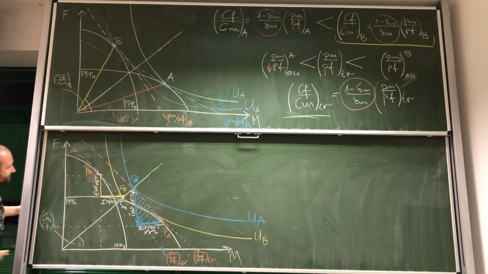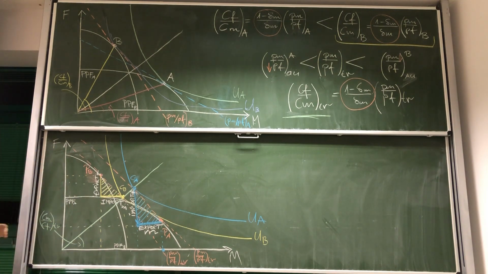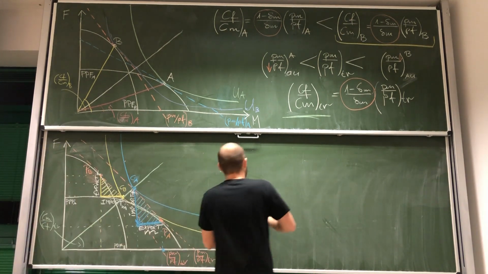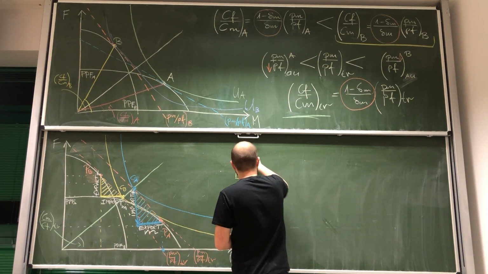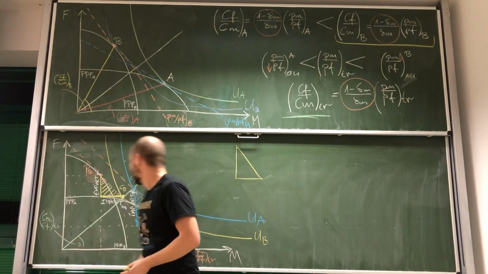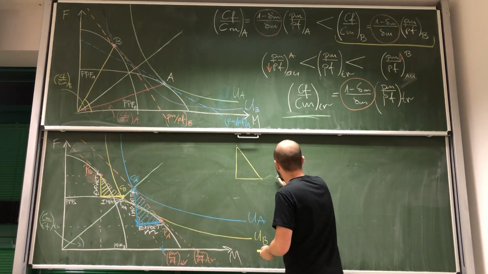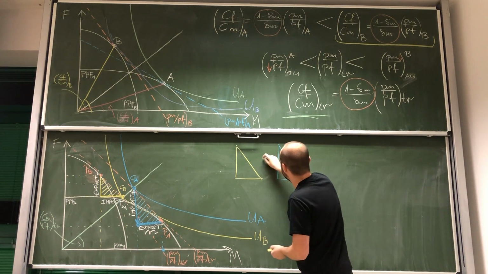Okay, and again, this is the triangle. And look, we are assuming, of course, that those two triangles, even though you cannot see this because my graph is not very good, are of exactly the same size.